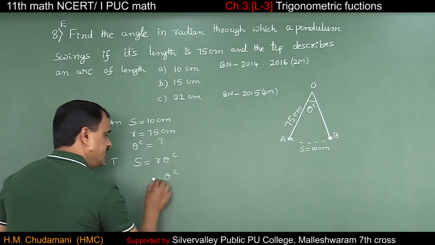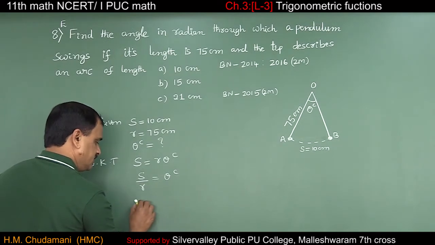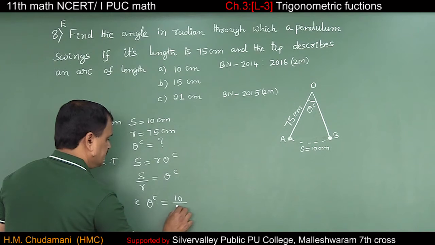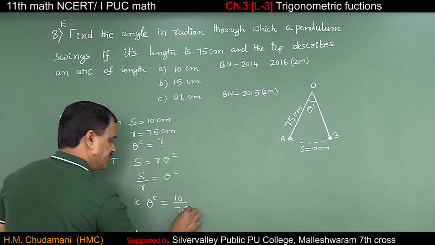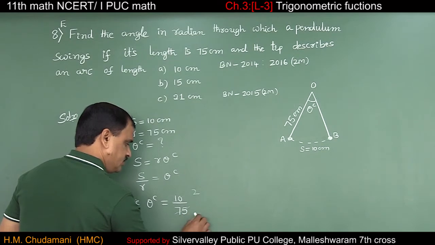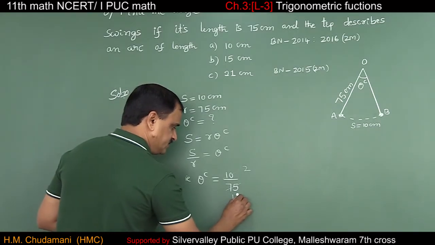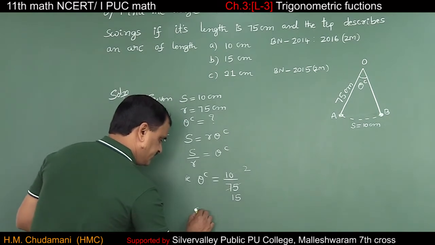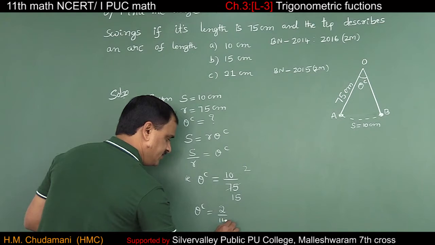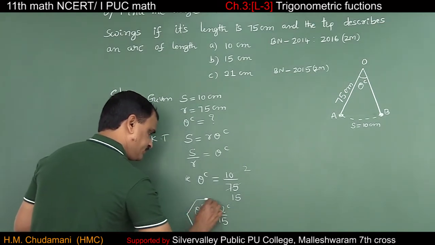So theta radian is equal to S divided by R. That means S is how much? 10 divided by R is 75. 5 2 times 1, 5 times 25. So therefore theta radian is equal to 2 divided by 15. 2 divided by 15 radian.